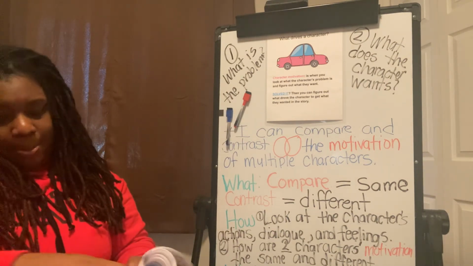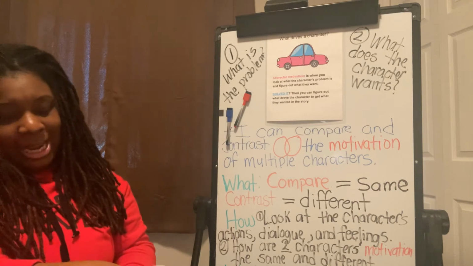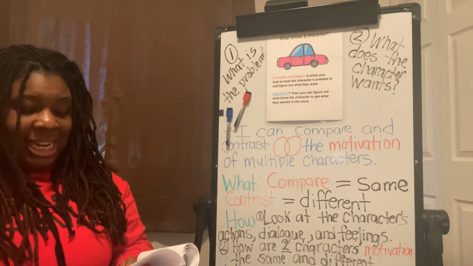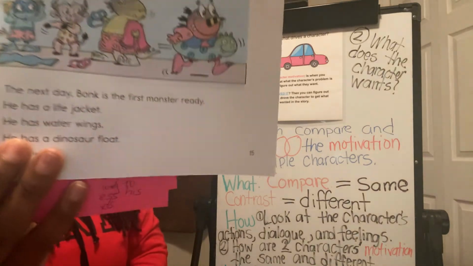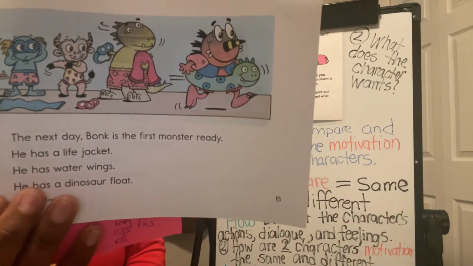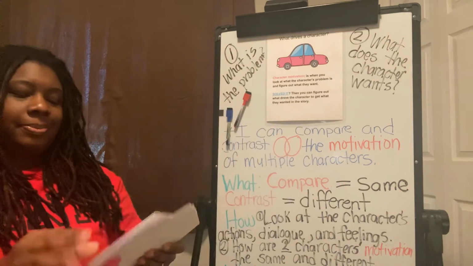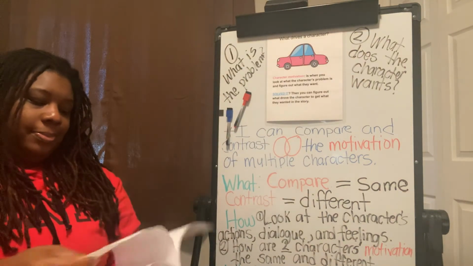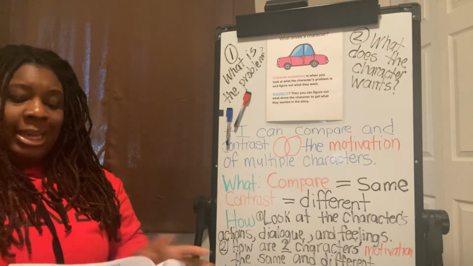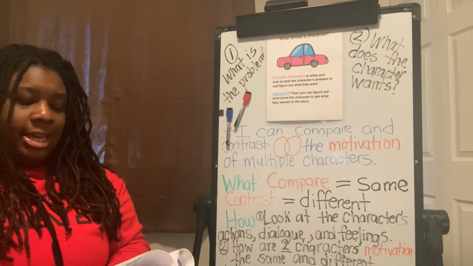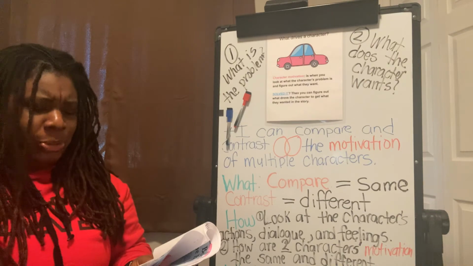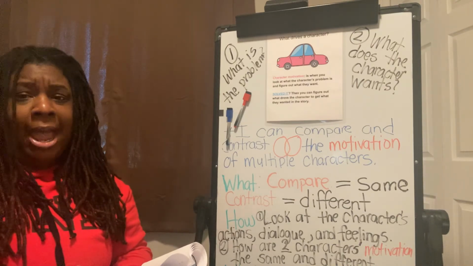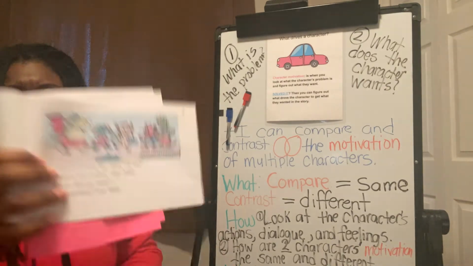The next day, Bonk is the first monster ready. He has a life jacket. He has water wings. He even has a dinosaur float. I went swimming last night, he says. The pool was closed, says Jupe. Where did you swim? In my bathtub, says Bonk.